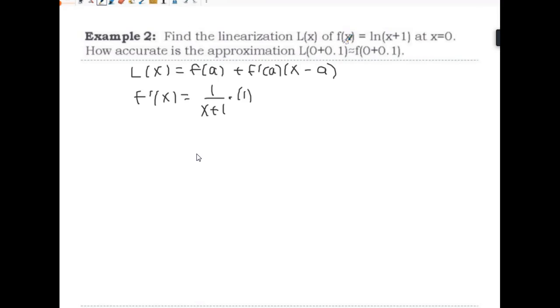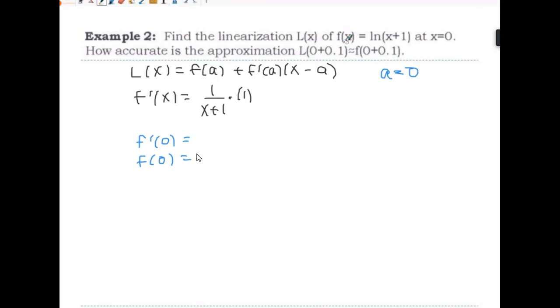And we want to find that at x equals 0. So that x equals 0, that's my a. So I'm looking for f prime of 0 and f of 0. In this case, a is equal to 0.